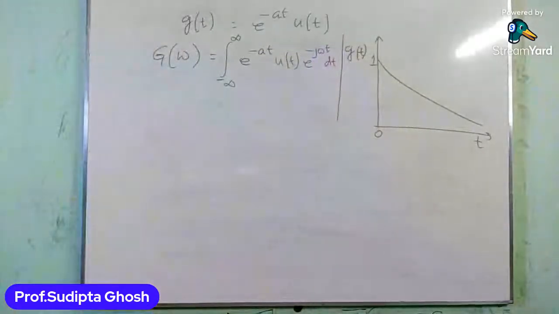Here, as you can see, I am using a different form of the kernel, e to the power minus j omega t, as j is the complex number. This way you can also represent or calculate the Fourier transformation.